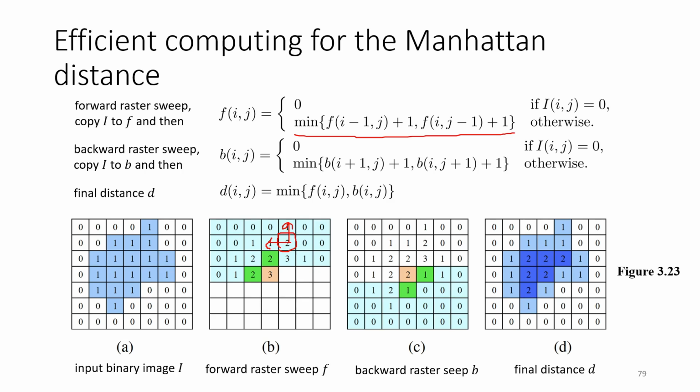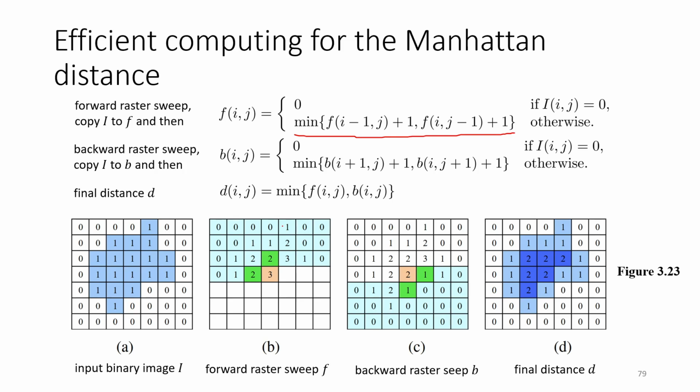The minimum is still 2, so the value of the pixel here will be 2. This is the reason why you can see 2 green pixels here. It means it will only calculate the upper one and the left one. So this is the first pass.